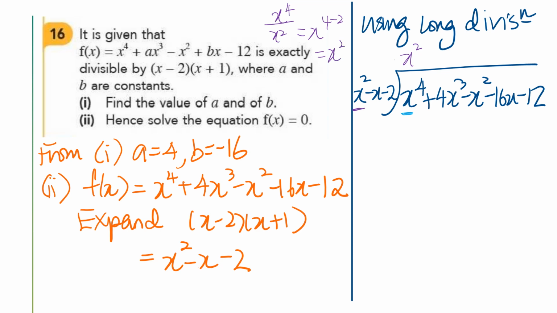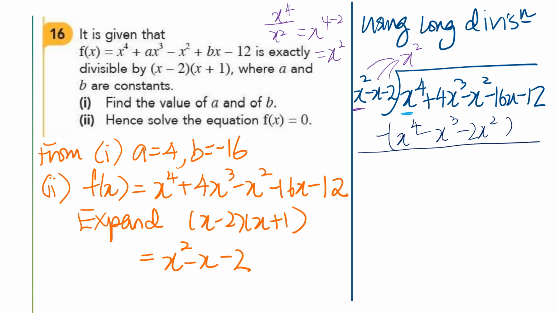Right, and then you take your x squared times every term of the divisor, so you end up getting x to the power of 4 minus x cubed minus 2x squared.